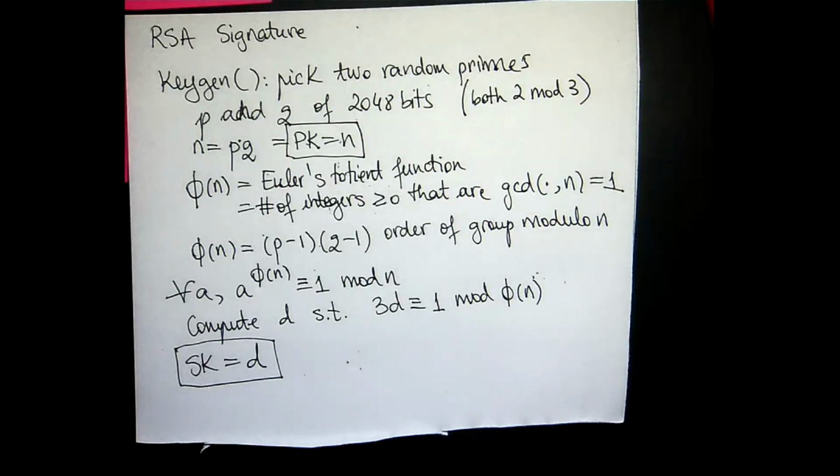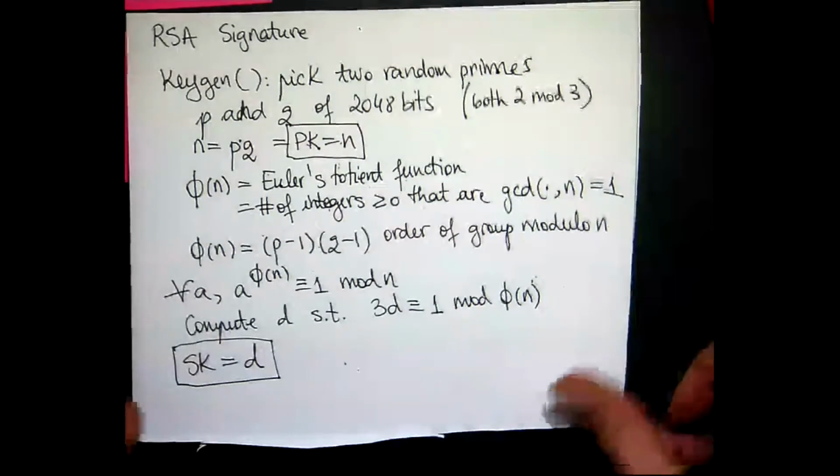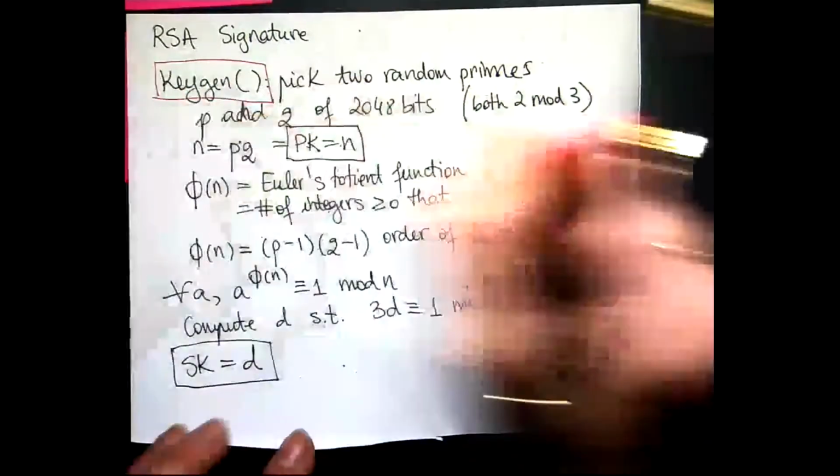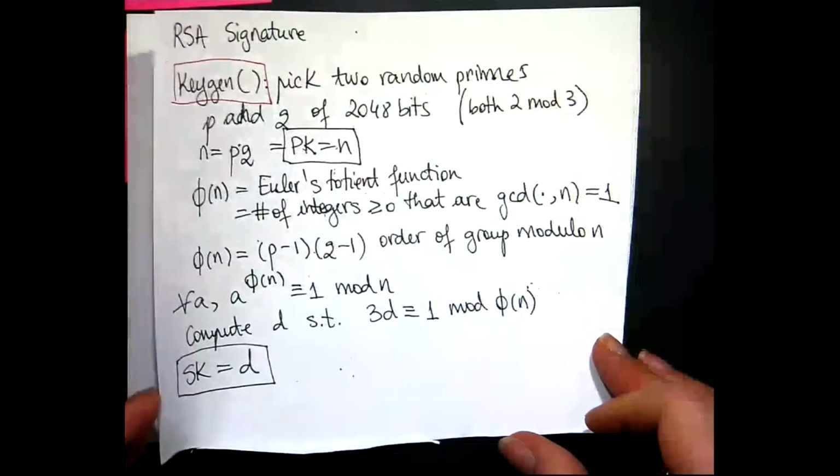Any questions? Okay, so this was literally just the key generation part, which is the most complicated part of the algorithm. Now we're going to see how we sign and how we verify.